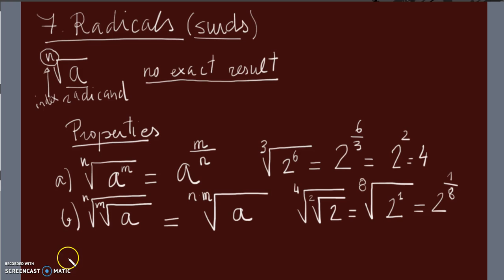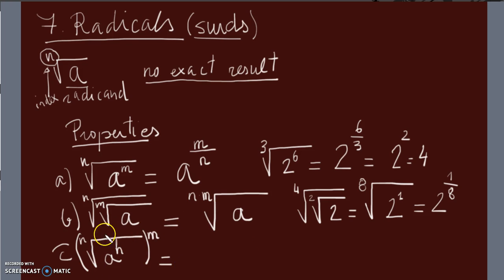The third property that we're going to see is in case you have multiple powers. So imagine that you have this, and in brackets you have another power. Sorry, here I'm going to write another letter, for example h.